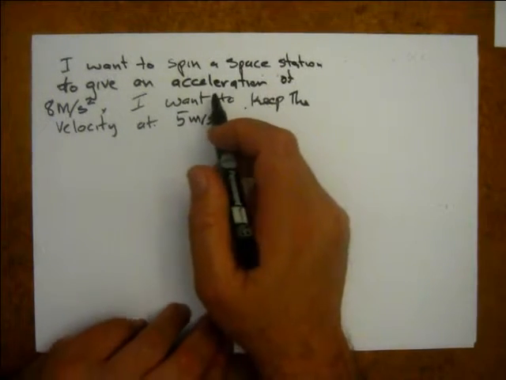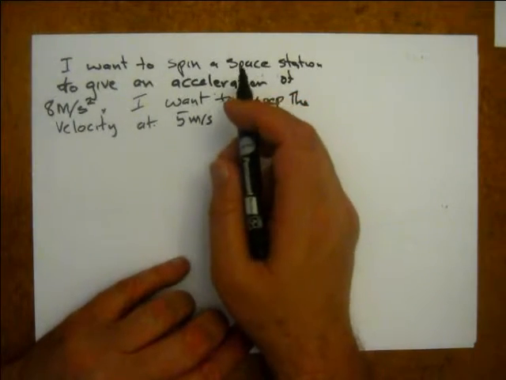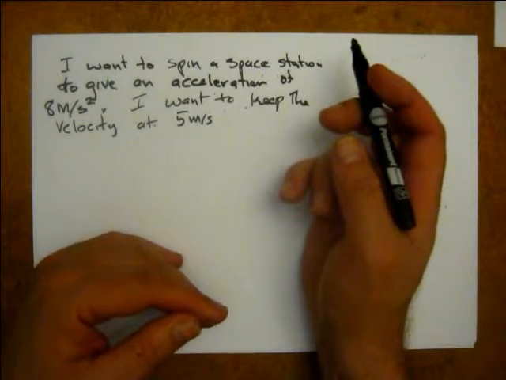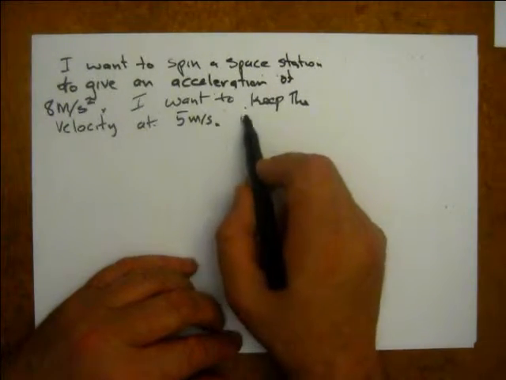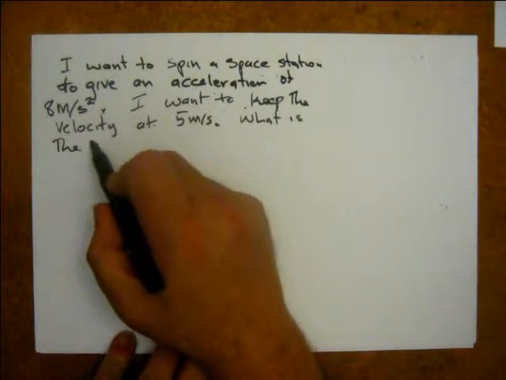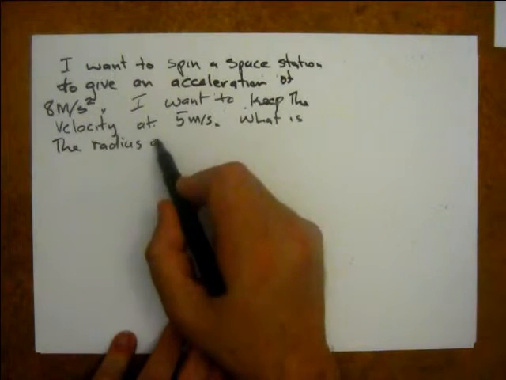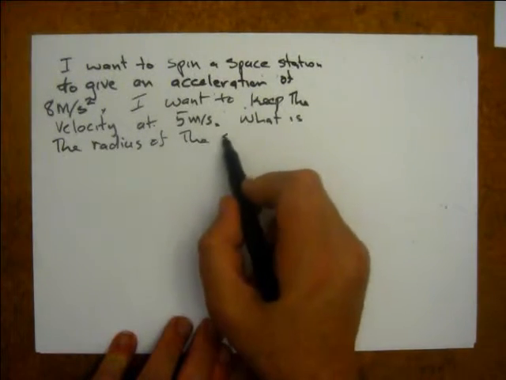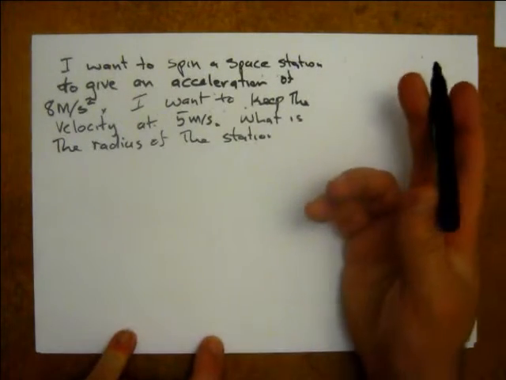So I don't want to be spinning the rim a bit more than 5 meters per second, because that'll make it hard for spaceships to dock. That's just my excuse. What is the radius of the station? Is this even possible? I don't know. So let's go find out.